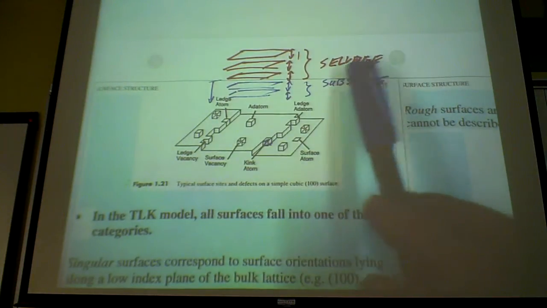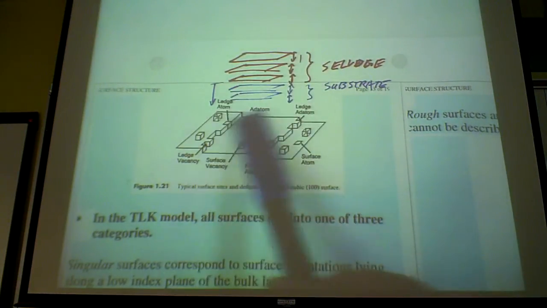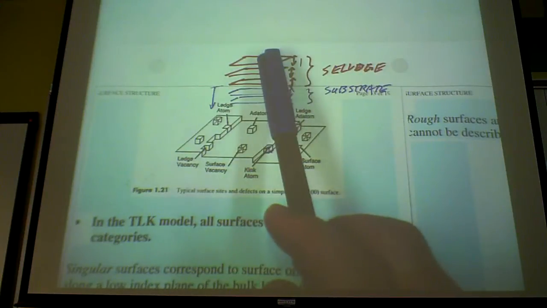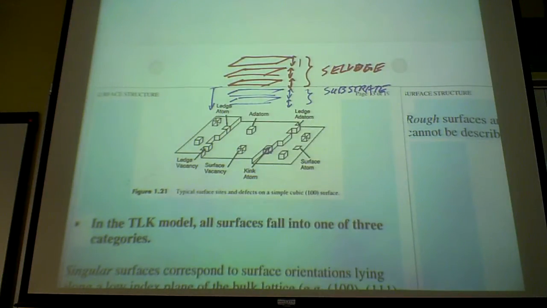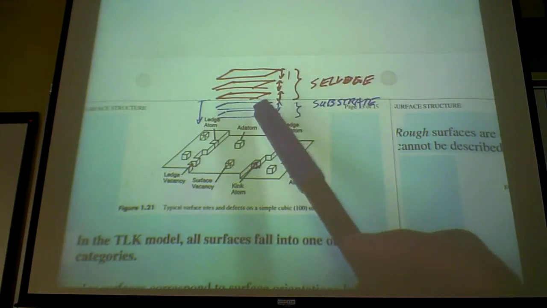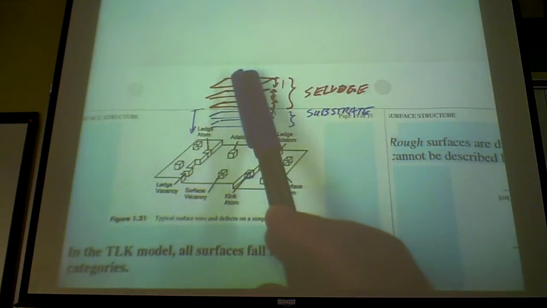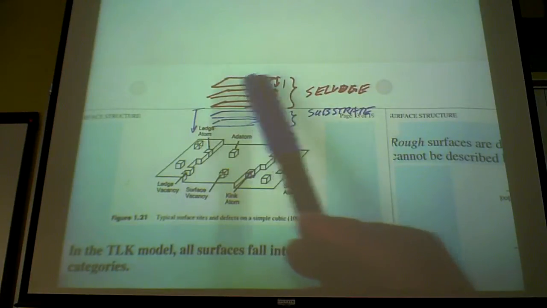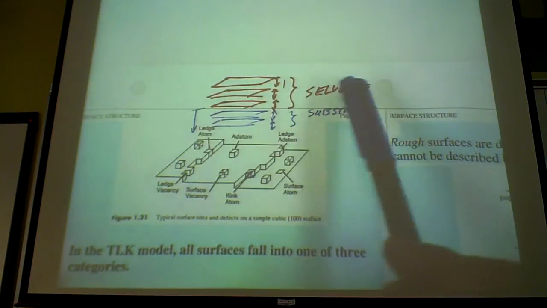Now we are talking about a clean surface, in other words, there's no adsorbate on top. Later, when we have an adsorbate on top, the jargon becomes even more confusing, because when you're talking about the substrate at that point, you now include everything.